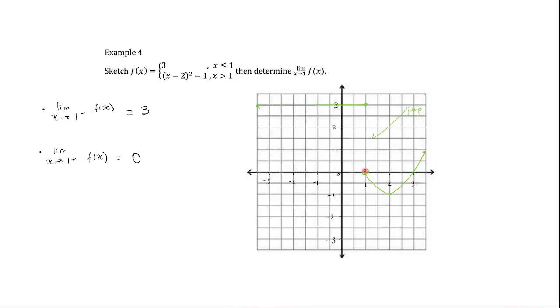And so this tells us that the limit itself does not exist, because the one-sided limits are not the same. And so we have to be extra careful with piecewise functions because they're usually not continuous and we are going to have jumps like we see here. Okay.